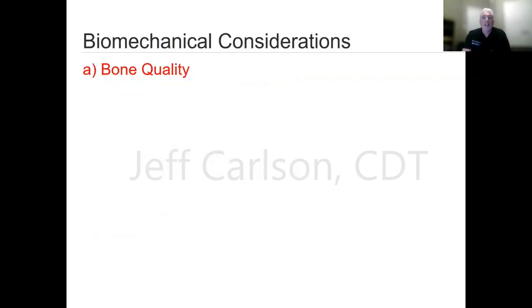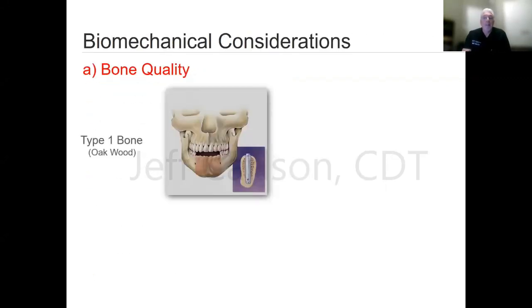So I want to talk about bone quality because it is very important that everyone is aware of this, not just the implanting surgeon, for tactile sense and determining drilling sequence, how many implants, etc. This classification, type 1, can also be referred to as D1 or density 1.